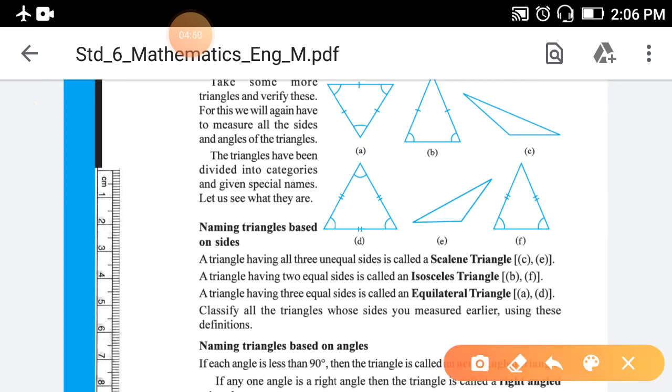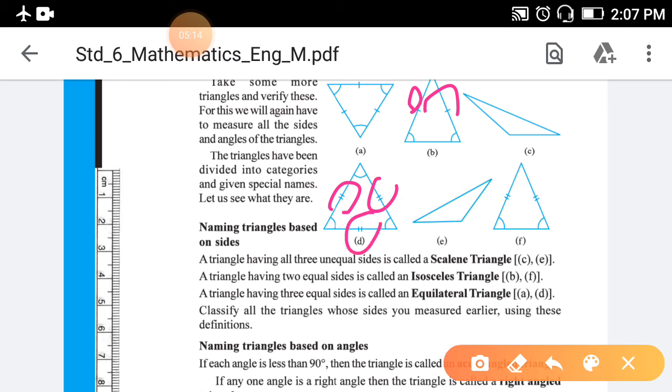For scalene triangle, here 2 figures are given, C and E. Then isosceles triangle, B and F. Here you can check, on two lines these two symbols are given. It means that these two lines are equal to each other. Here the symbols are given on all three lines.